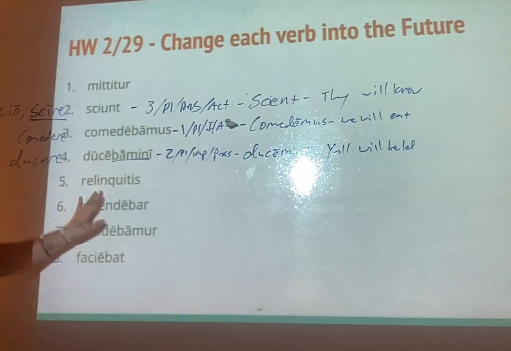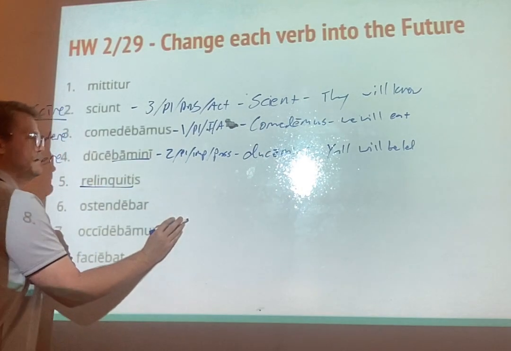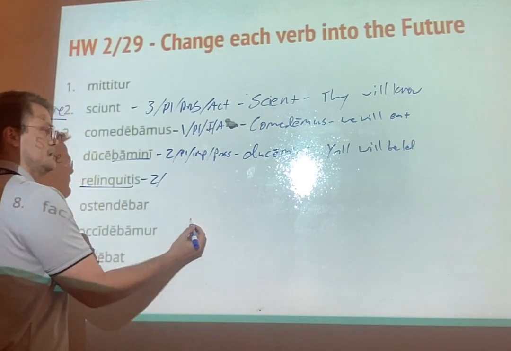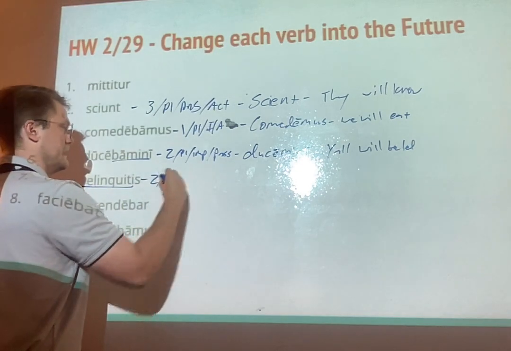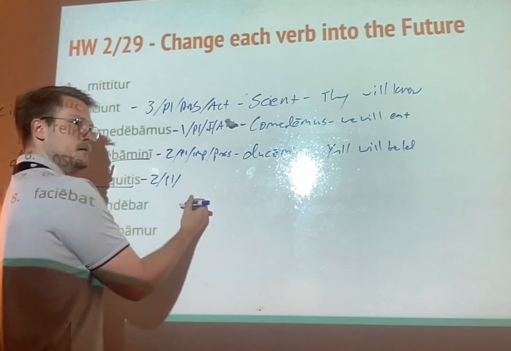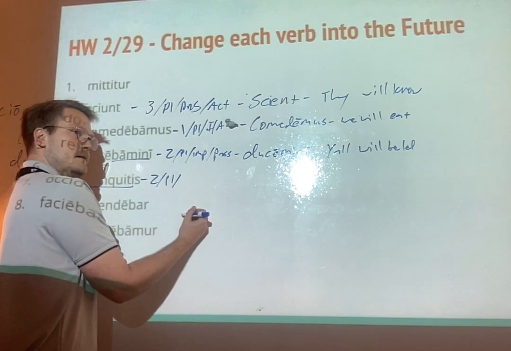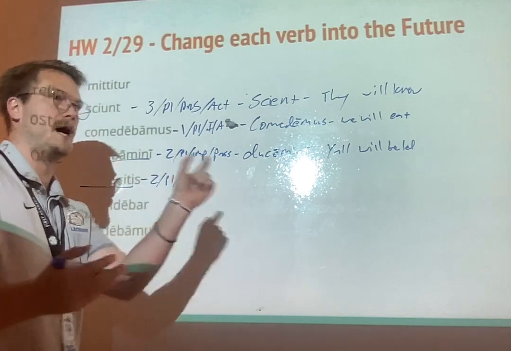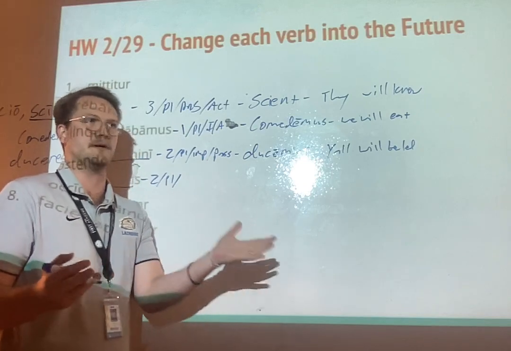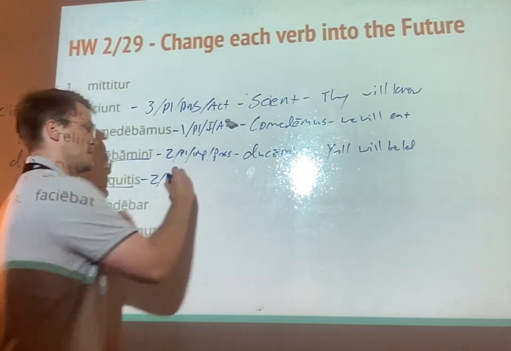All right, relinquitis. How's it parsed right now? Second again. Sorry, it's plural, but it has itis. So what tense is this? Just go through process of elimination. It doesn't have a ba, doesn't have the imperfect verb sign ba, and it doesn't have ēs, et or bō, bis, bit. So the only thing left as an option is present. This is present.